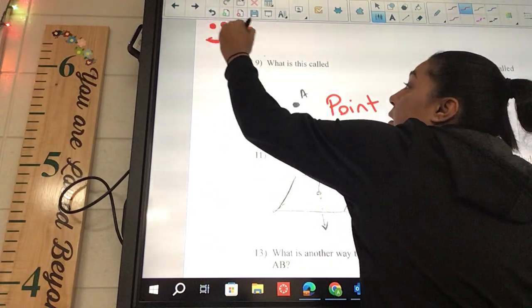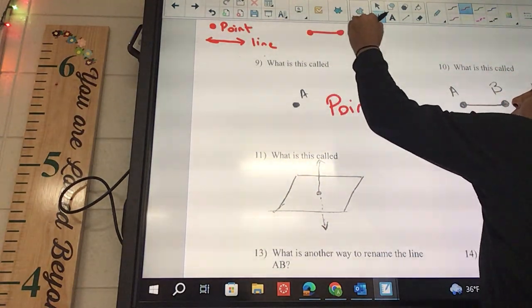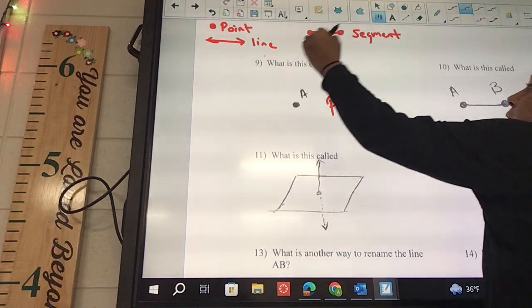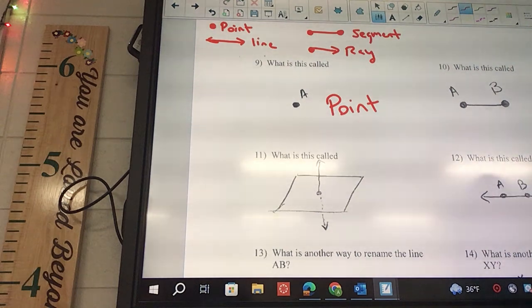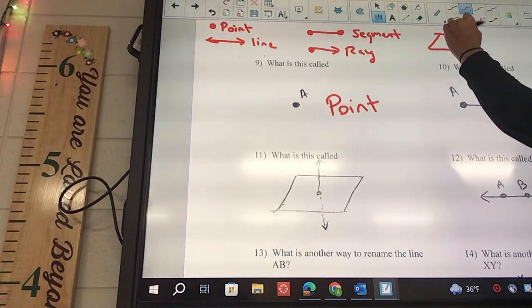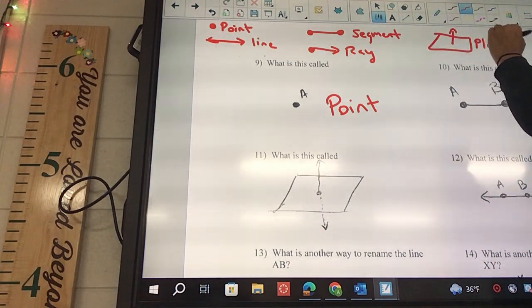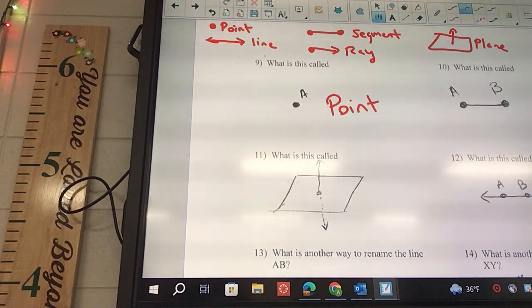This is a line. This is a segment. This is a ray. What else do I have? A point, a line. This is a plane. Anything that looks like this is called a plane. Point, line, plane, segment, ray. I think that's it. So what is 11 called? Plane. It's called a plane.